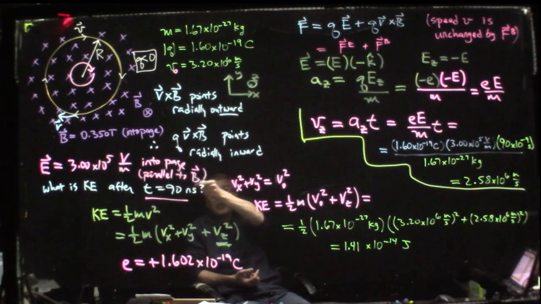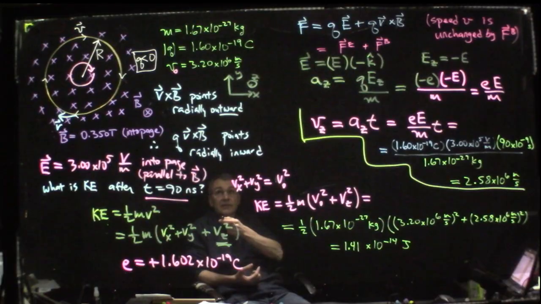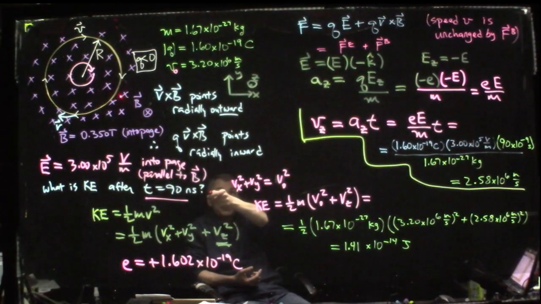So the magnetic force just bends you, changes your direction, but not your speed. Then there's the electric force, which does change your speed. Another thing about the magnetic force is it's always perpendicular to the magnetic field. Since the magnetic field is in the minus z direction, it's not going to produce a force in the z direction.